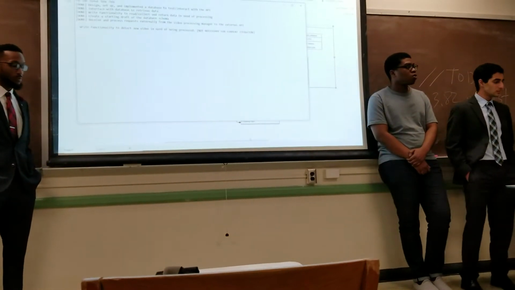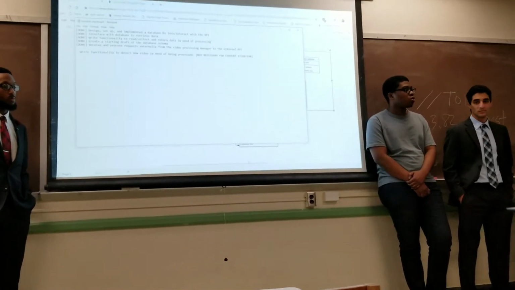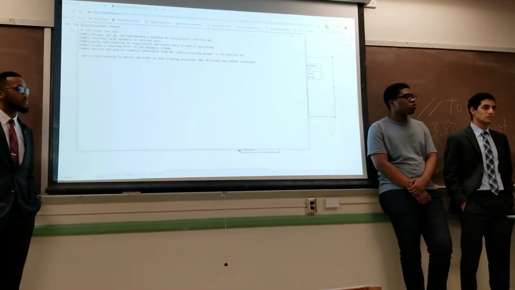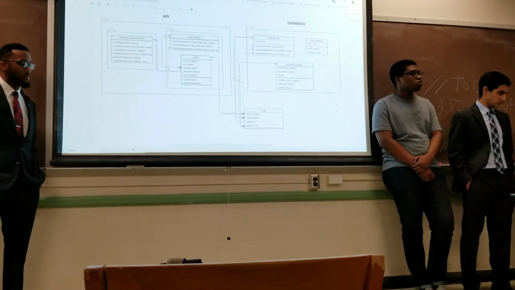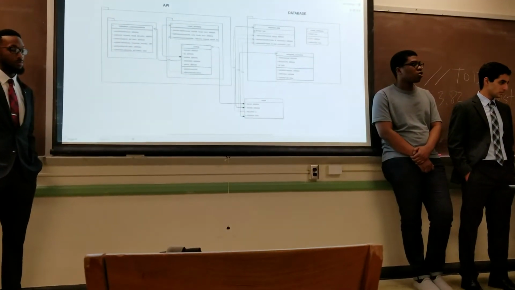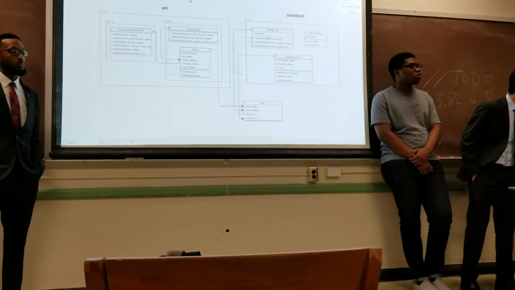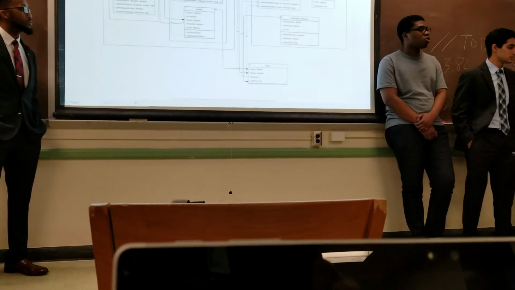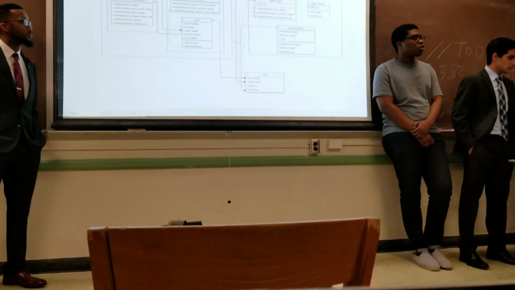Next on our iteration backlog was direct functionality to read objects and return data in need of processing. I believe we handle that over here with database utils and also within the return database class.